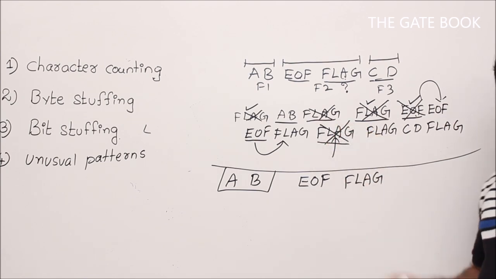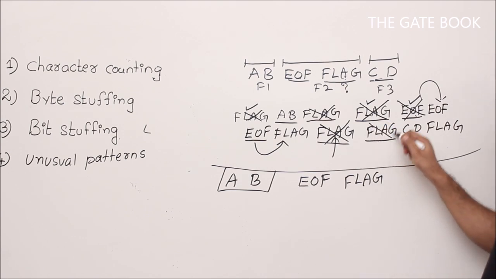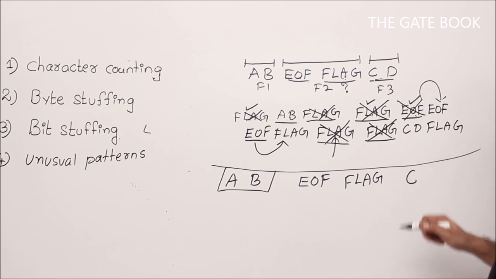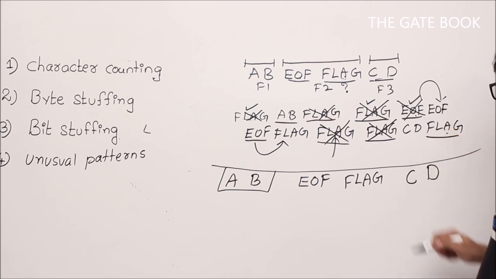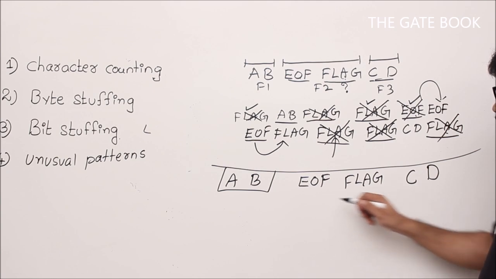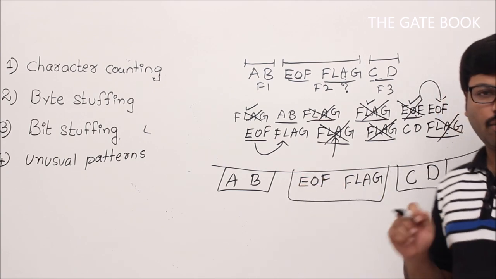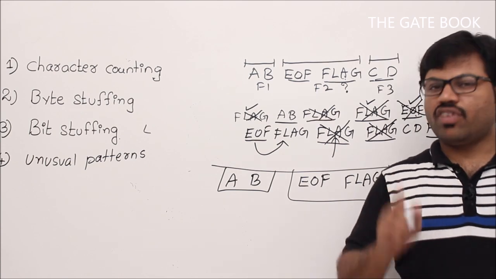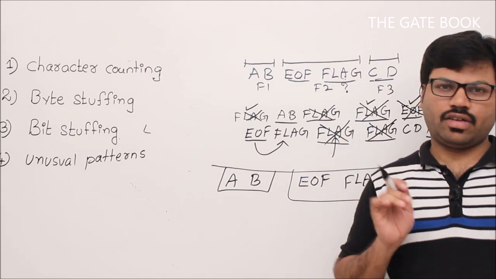Now when you reach the end of the frame, then again a new frame starts, correct? Yes, correct. Flag, new frame symbol, then C, then D, then flag. This flag came without EOF, which means we have to discard it and say that it is the end of the frame. So finally I got all these three frames. Understand? Now let's summarize it. Whenever you see EOF first, that means the next symbol is definitely data.